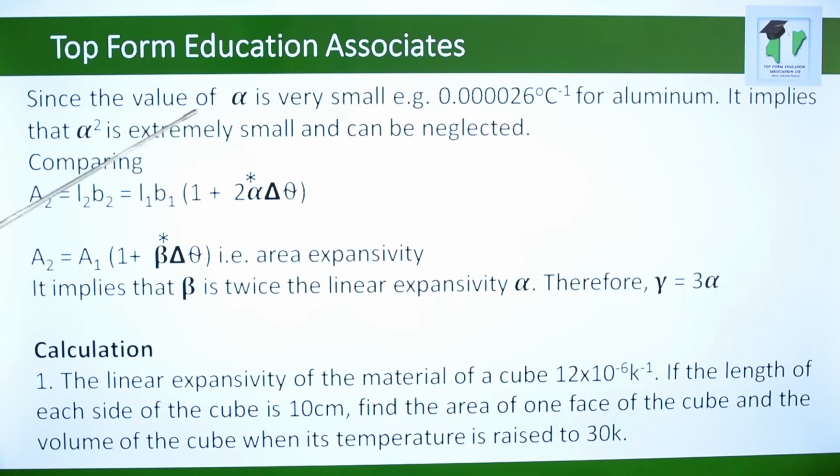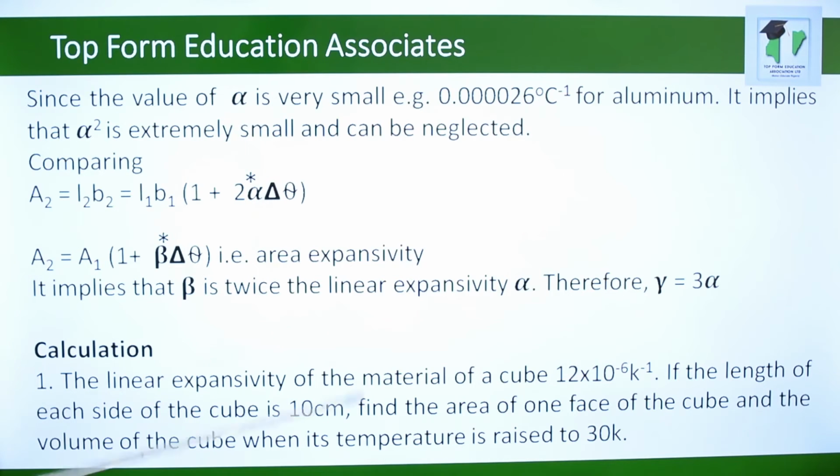And since the value of alpha is very small, for instance, for aluminium, we'll have 0.000026. It is very small, can be negligible. It implies that alpha squared, when you square this value, is extremely small and can be neglected.